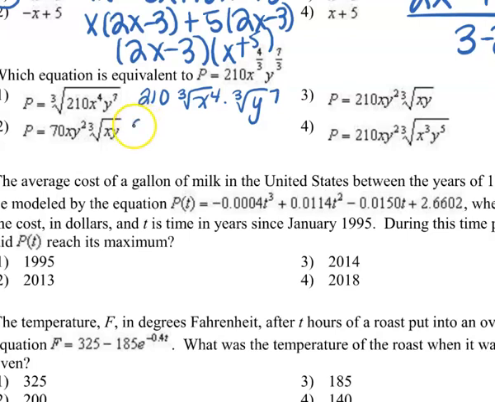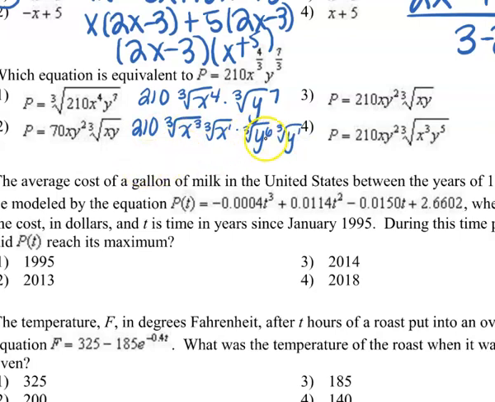So I'm thinking to myself, I can rewrite this as the cube root of x cubed times the cube root of x to the 1st, because that would allow me to break that down appropriately. And same thing with the y to the 7th. That would be the y to the 6th, because that's divisible by 3, but then I'd have a leftover y to the 1st. All right, so cube root of x cubed is x.